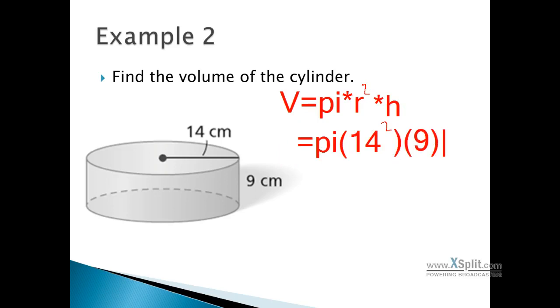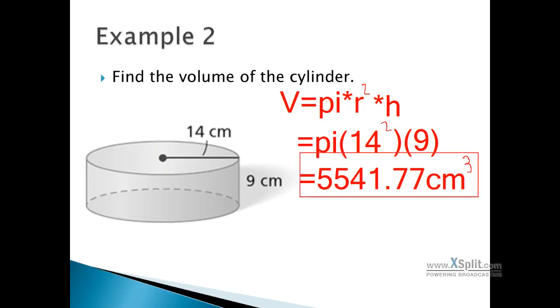I know 14 squared is 196, times 9 gives us 1,764. Multiply that by pi. We're going to get a grand total of 5,541.77 centimeters. You guessed it, cubed. Centimeters cubed. We did that just by plugging it into the formula.